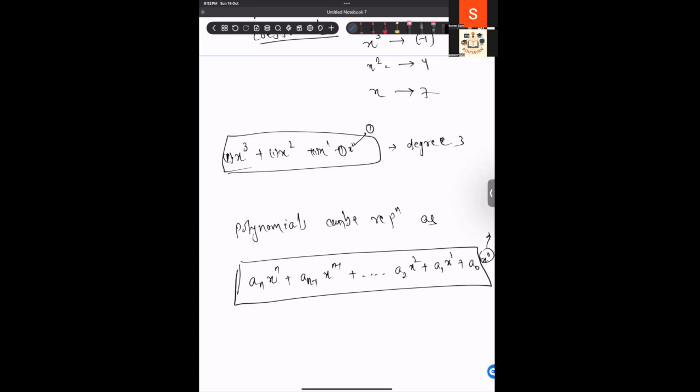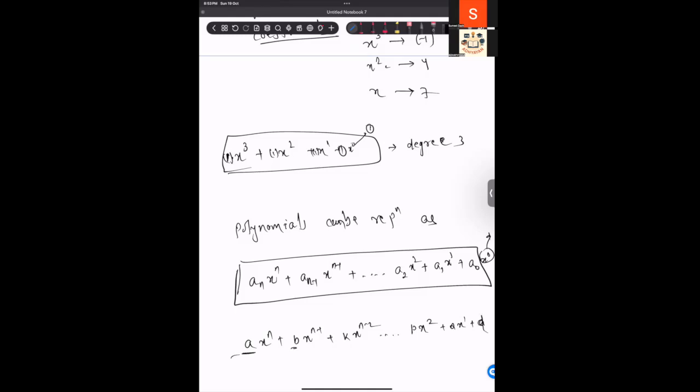You can also write it as a_n plus b_(n-1), then something like k x to the power n minus 2. It can be any constant, right? Dot dot dot, then p x square plus q x to the power 1 plus something called d, let's say.